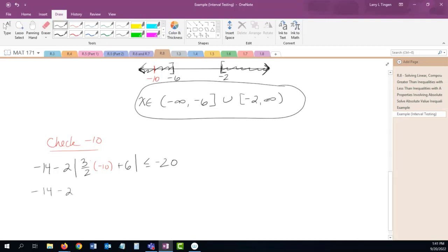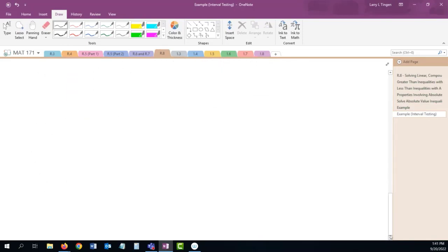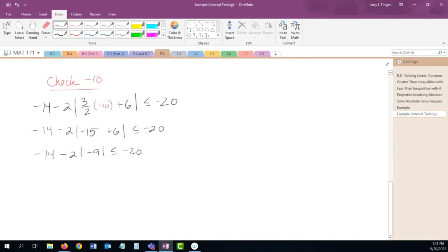Negative 14 minus 2, negative 3/2 times negative 10 is negative 15. Negative 15 plus 6 is negative 9. And now I can take the absolute value. All the math inside is done. So I can take the absolute value of negative 9. And that is what? 9.